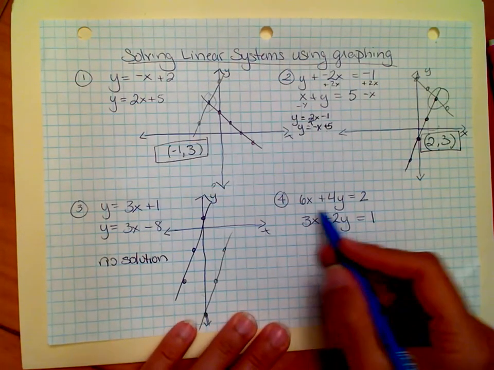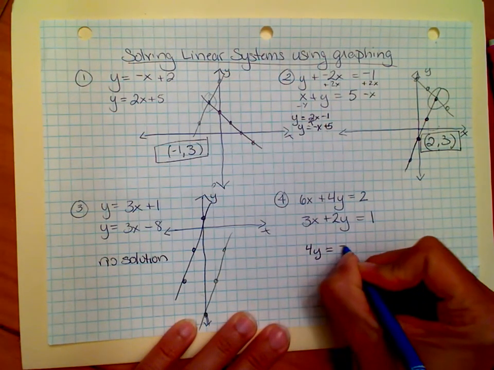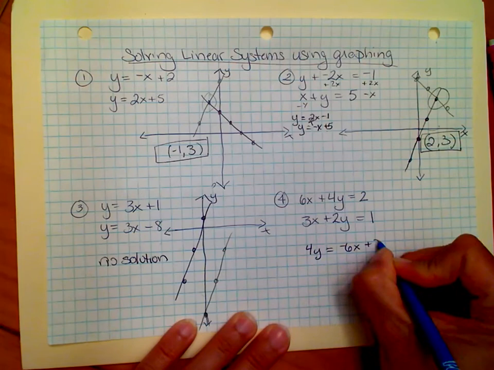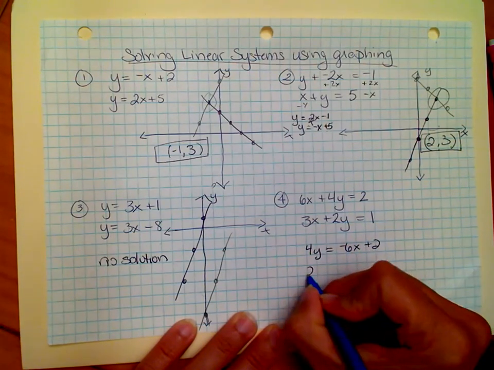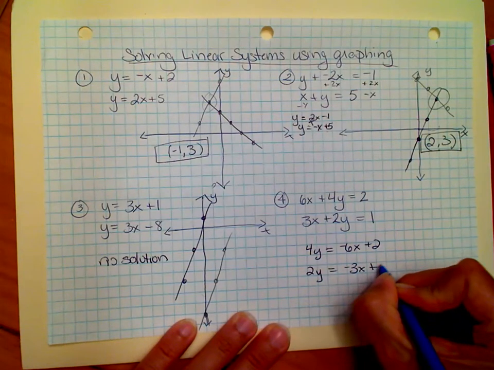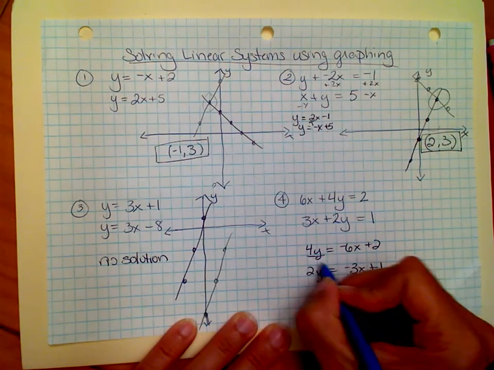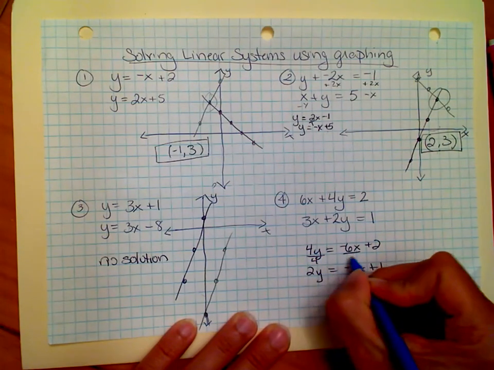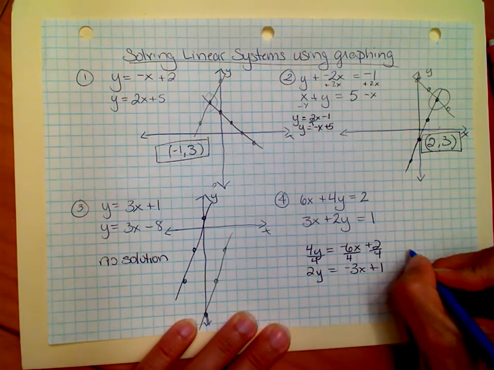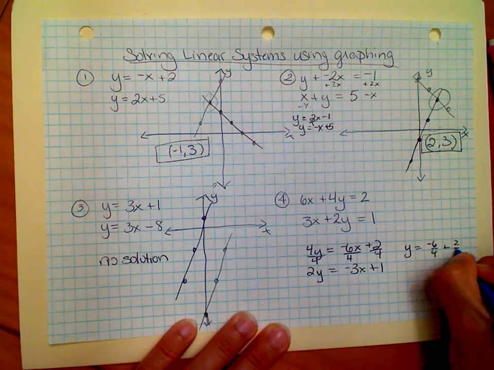What some people do is they get y alone anyway. So if I got y alone here, I'd move the 6x over and I'd get -6x plus 2. Again, I'd do that over here as well. Move the 3x over. And when I divided, if I divided this by 4, I would get y equals negative 6/4 x plus 2/4.